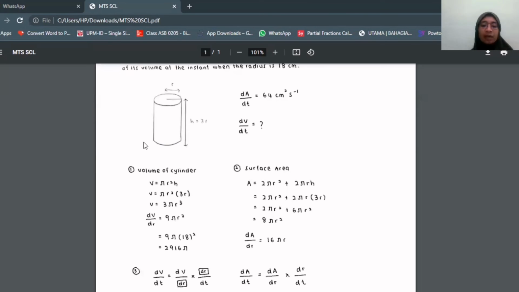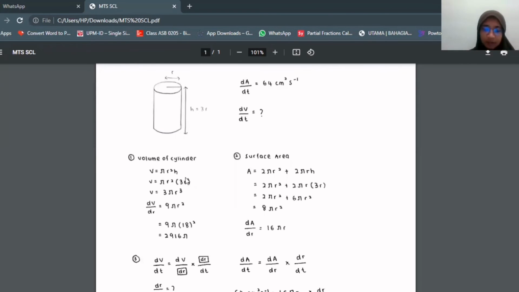First, we write down the volume of the cylinder, which is V equals pi r squared h. The h we can replace with 3r, and then we differentiate the volume with respect to the radius, and we get 9 pi r squared. The r we can replace, as the value of r is given, so 18, and we get 2,965.